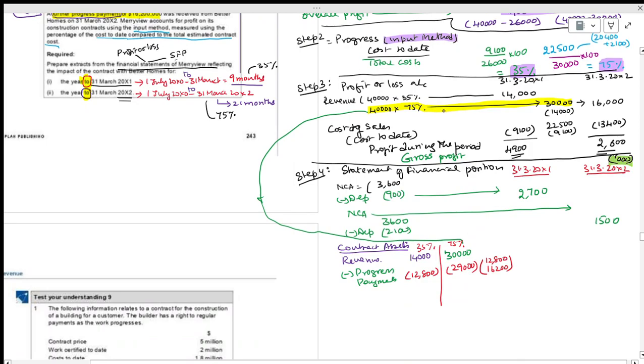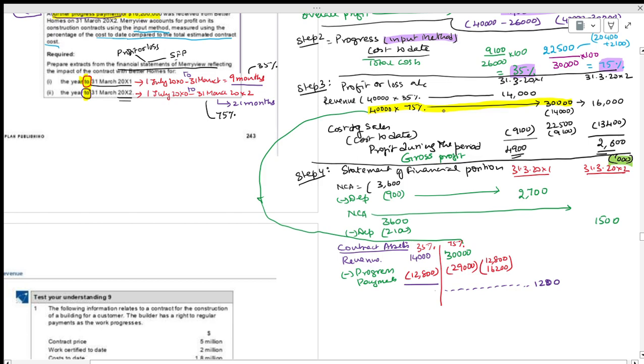In the first year, how much is the receivable? They have completed 14,000. They have received 12,800. So how much are they yet to receive in the first year? The contract asset is going to be 1,200.